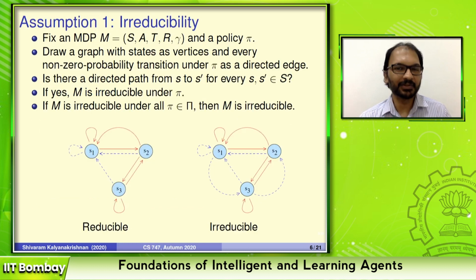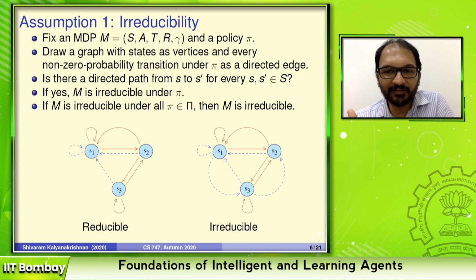So what are these assumptions? The first is technically called the property of irreducibility. Irreducibility means you cannot be reduced. There's a lot of text on this slide, so before getting into that, let me give you the intuition. Look at the MDP here on the left, the figure.